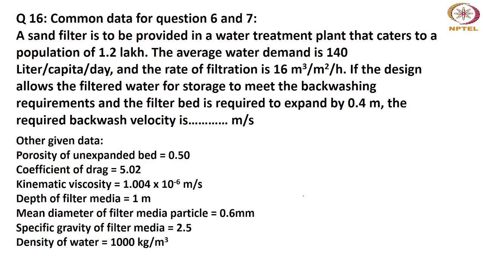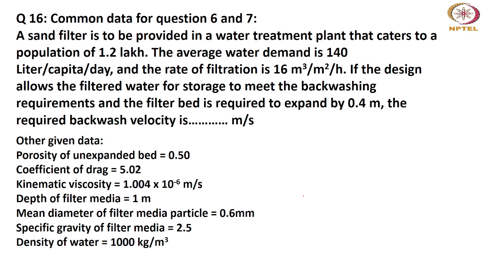This is again a common data question, 6 and 7. A sand filter is to be provided in a water treatment plant that caters to a population of 1.2 lakh. The average water demand is 140 liters per capita per day, and the rate of filtration is 16 meter cube per meter square per hour.